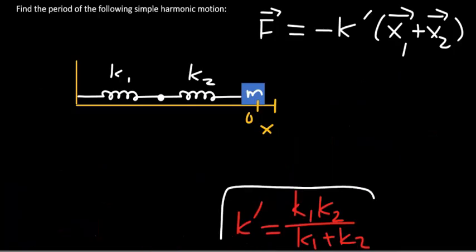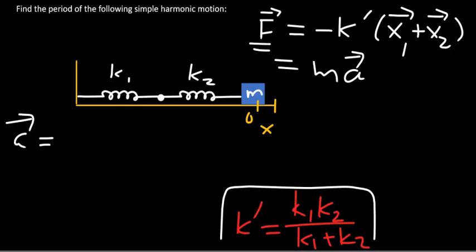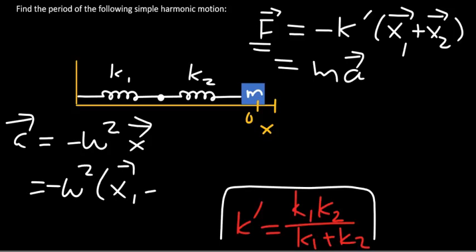Having found the effective spring constant, let's go back to the equation above. So this force F is the net force on this mass m, and it's given by mass times the acceleration vector. And we know the acceleration vector is minus omega squared times the displacement vector. And in this case, the displacement vector is x1 plus x2 vectors.